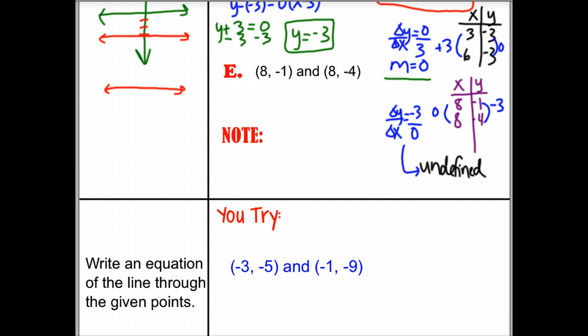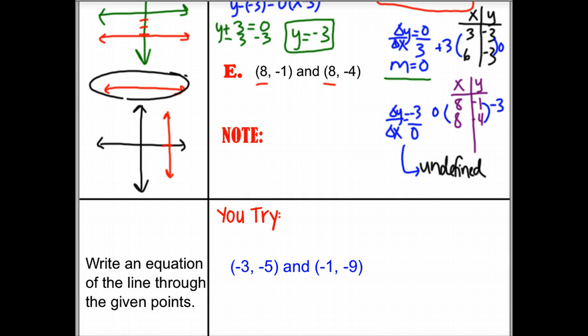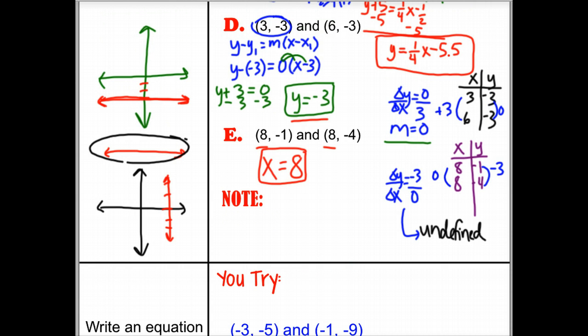So what that means is, when our slope was 0, it looked like this. But when our slope is undefined, it's going to be up and down, like this, somewhere. And we know that our x is always going to be equal to 8. So that's going to be our equation: x is equal to 8. Again, I want to explain why x equals 8.